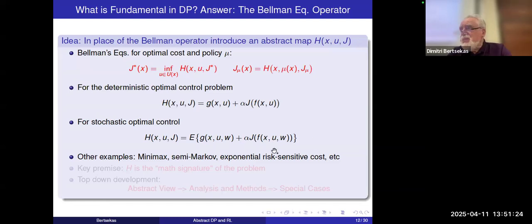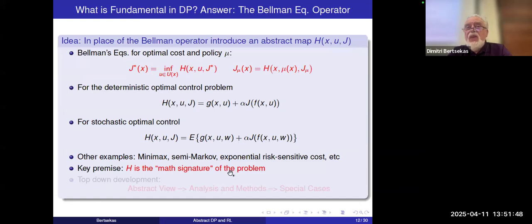There are many other dynamic programming problems: semi-Markov decision-making, exponential risk-sensitive cost functions, affine monotonic. There are many different types of dynamic programming problems, and each one of them has its own function H.